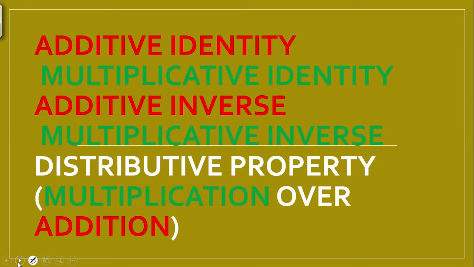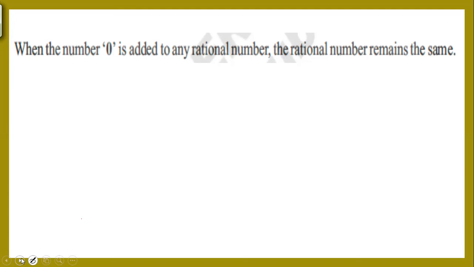Already we have discussed in previous videos the closure property, commutative property, and associative property. Today we are going to discuss the properties which remain. Now you may observe here, what is this statement?